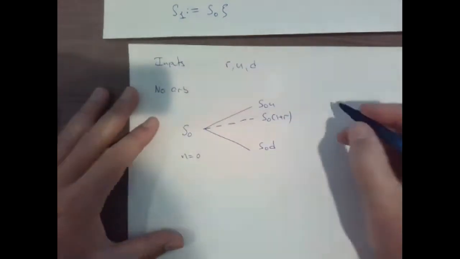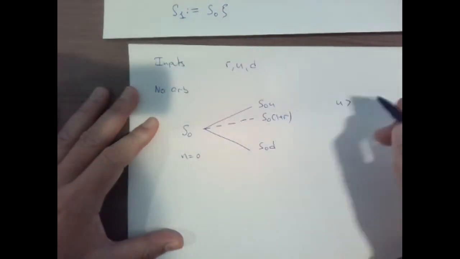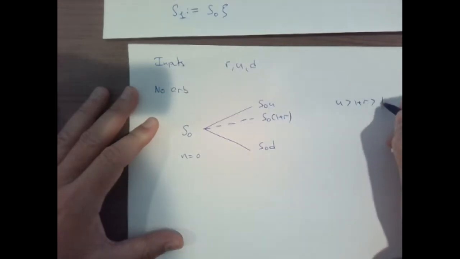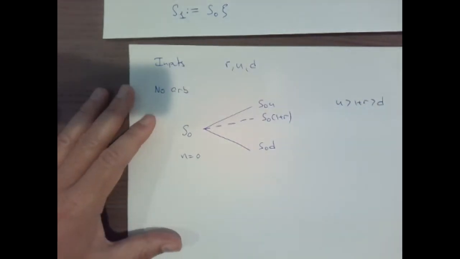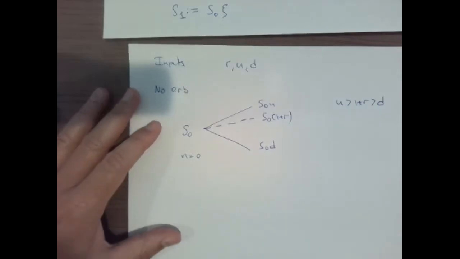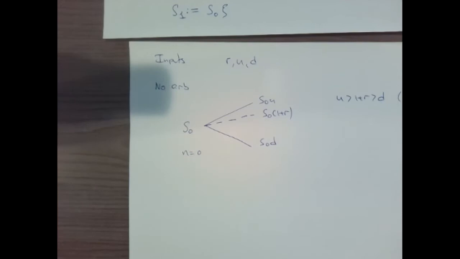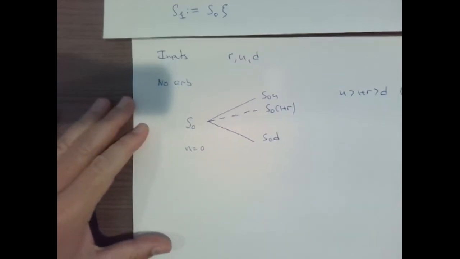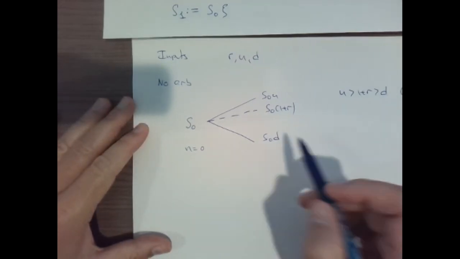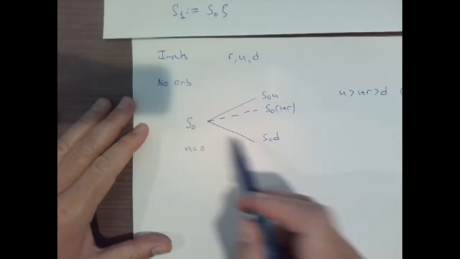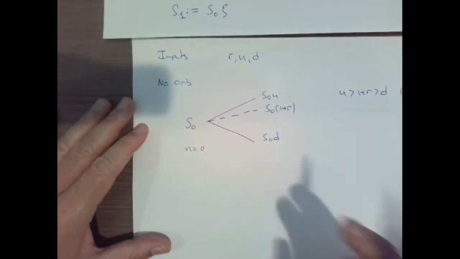So if we want to have no arbitrage, we need U to be bigger than 1 plus R to be bigger than D. And we very often take D to be positive. If D is positive, we are sure that the stock price at a future date is also going to be positive.